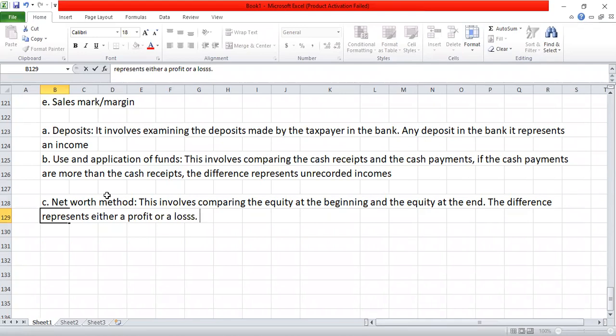So in this method, what you do is compare your equity at the beginning and the equity at the end.